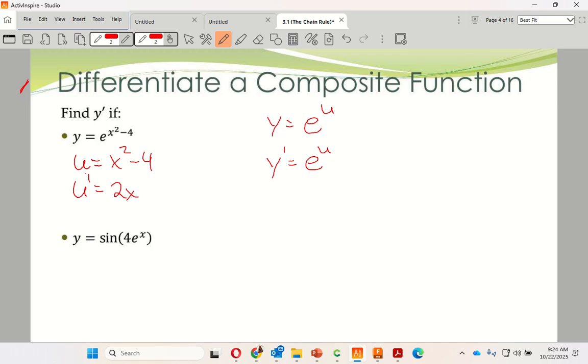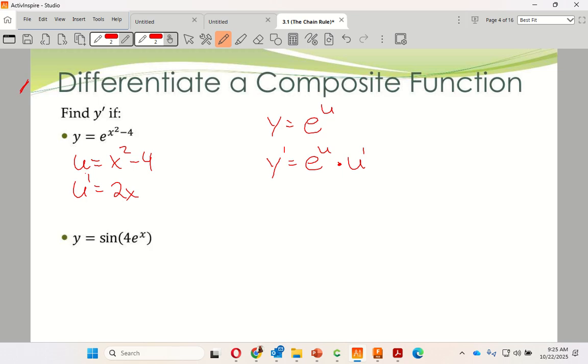Times u prime, which is 2x. So I'm keeping everything in notation right now. Same notation, step by step. I'm actually showing all the work for these, so I'm not getting lost. If you notice, I'm not throwing in that 2x when I could. I'm still showing every step.